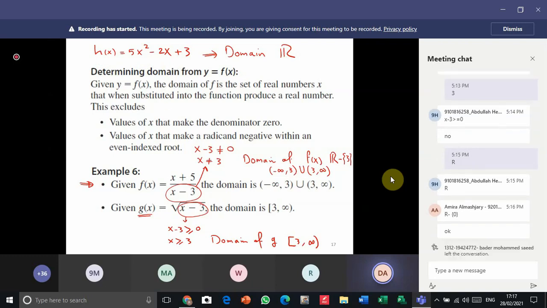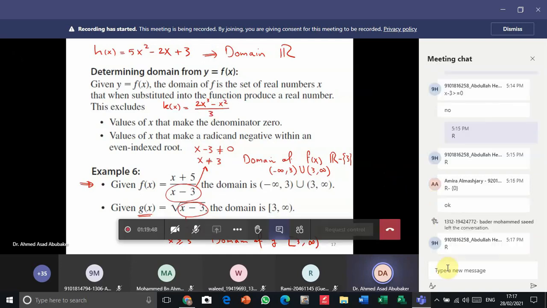Even if, for example, k of x equals 2x to the power 3 minus x squared over 3, what's the domain of k of x? Come on, give us an answer.